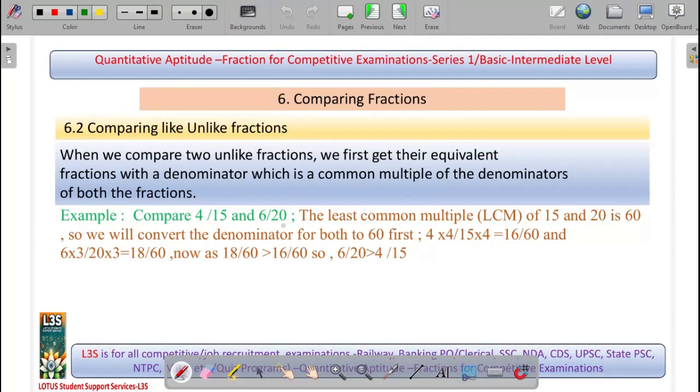Here the LCM of 15 and 20 is 60. So how do we get the LCM?